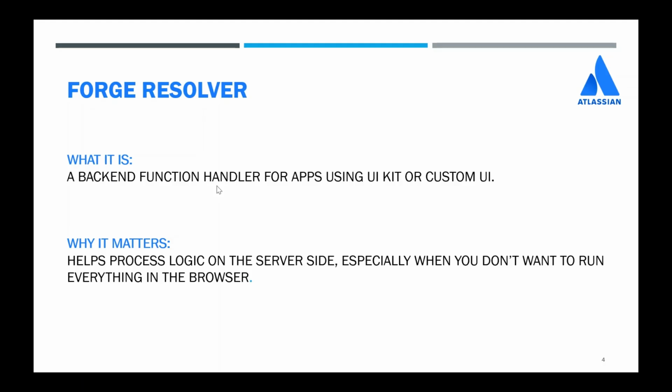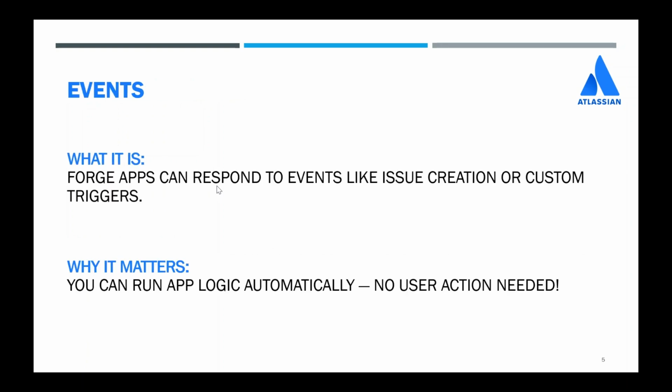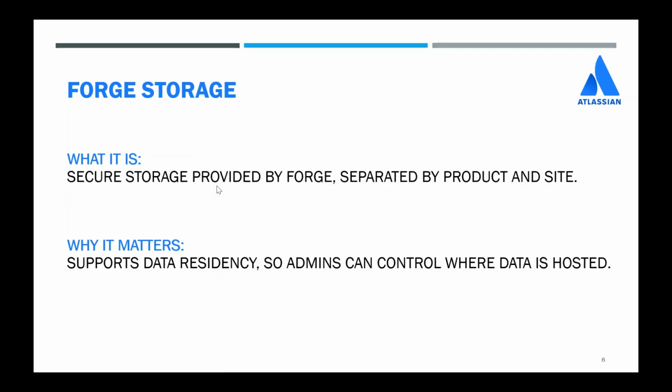Why it matters? It helps process logic on the server side, especially when you don't want to run everything in the browser. What is events? Forge apps can respond to events like issue creation or custom triggers. Why it matters? You can run app logic automatically, no user action needed.